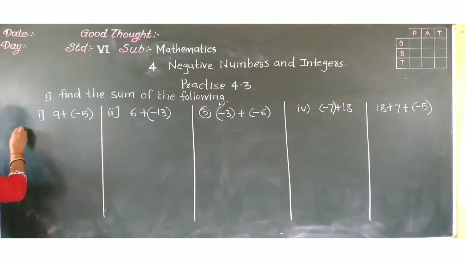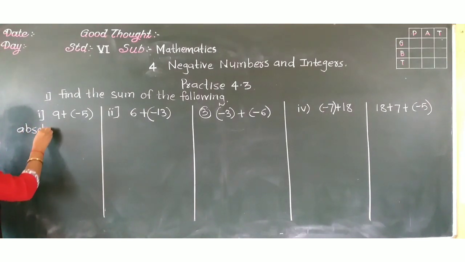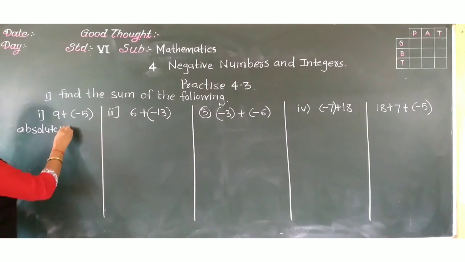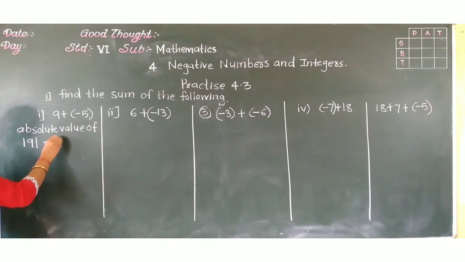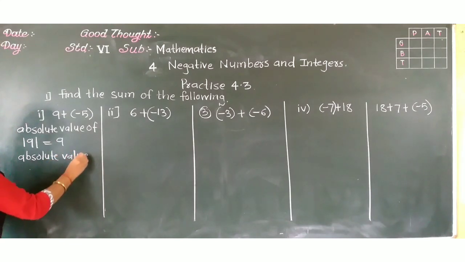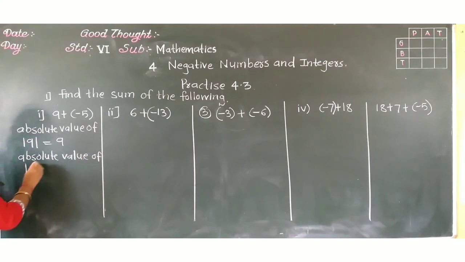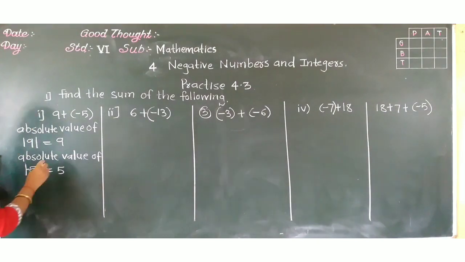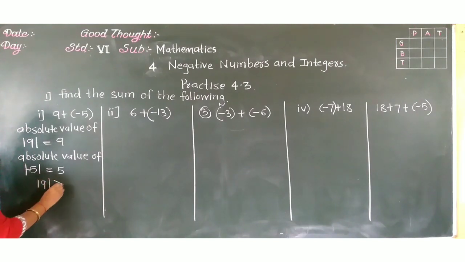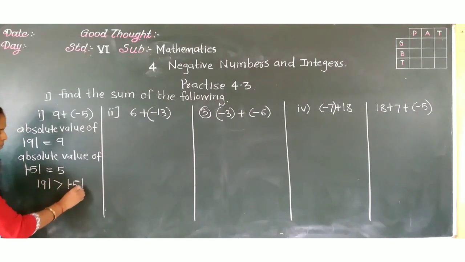So the absolute value of 9 is 9, and the absolute value of minus 5 is 5, because absolute values are always positive. So who is greater? The absolute value of 9 is greater than the absolute value of minus 5.